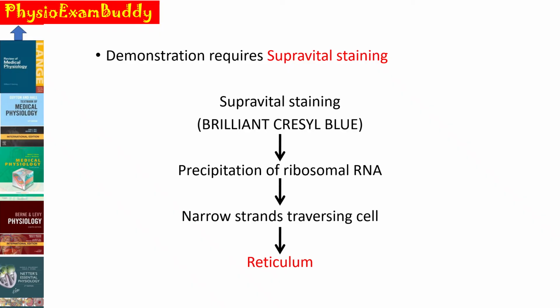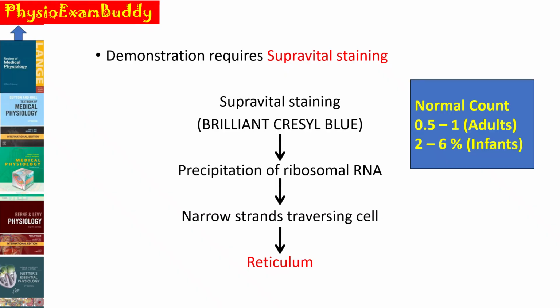This is demonstrated mainly using supravital staining, and the stain used is mainly brilliant cresyl blue. Whenever we stain the cell using this brilliant cresyl blue, there occurs precipitation of the ribosomal RNA, which will appear as narrow strands traversing the cell, which is our reticulum, which you have to draw using the blue ball point pen. Small dot-like strands you have to draw in the cytoplasm of the reticulocyte.